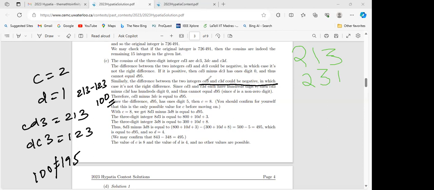You try some integer where you get the hundreds digit as 0. Well, this one works because it's 2 minus 2. So you'll get 0 in the hundreds place.